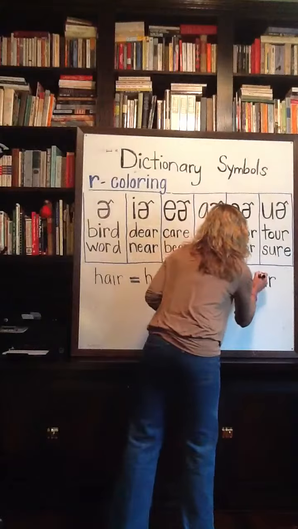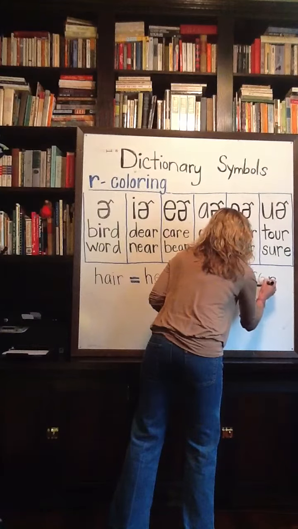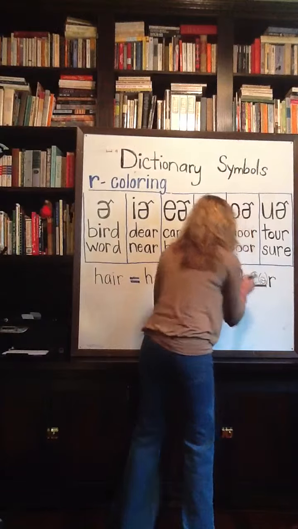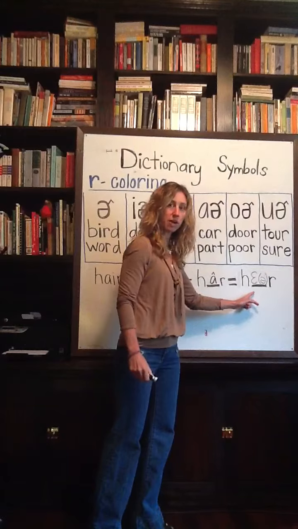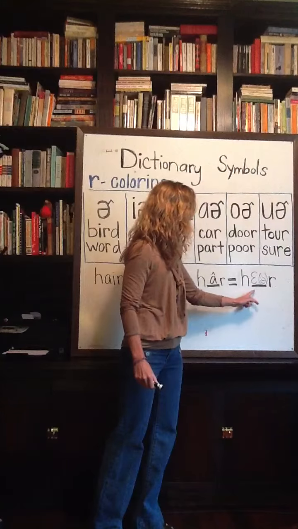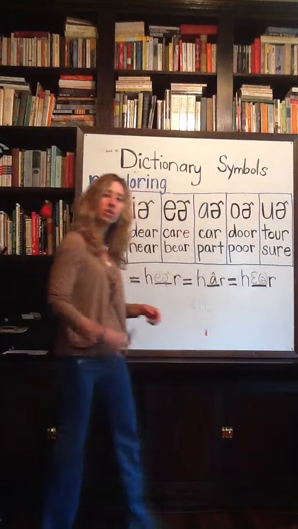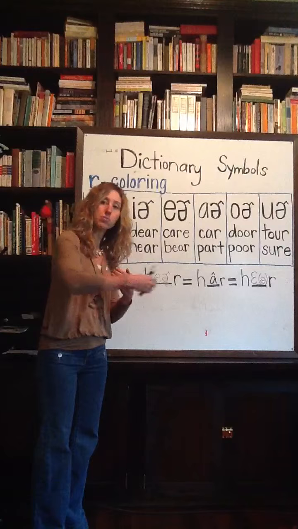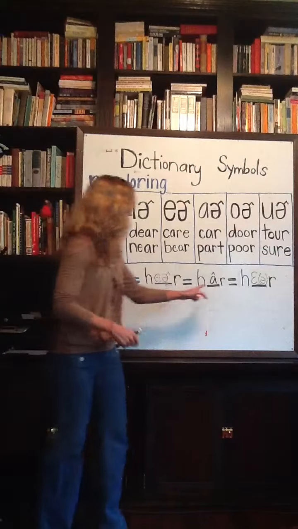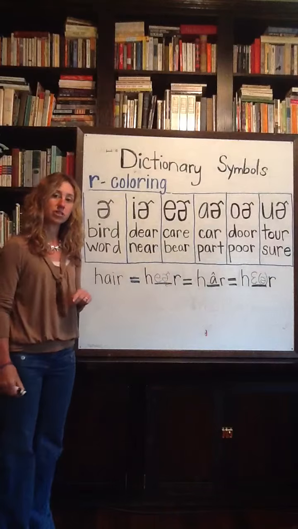For example, hair might look like this: the sound that we looked at in an earlier lesson, and then the schwa in parentheses, showing that the vowel starts out in one place and then moves into schwa. So these are two different possibilities you might see in your dictionary.